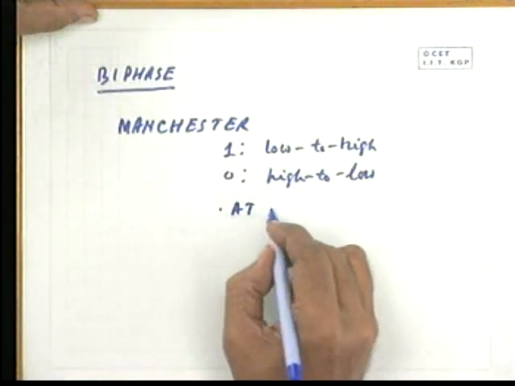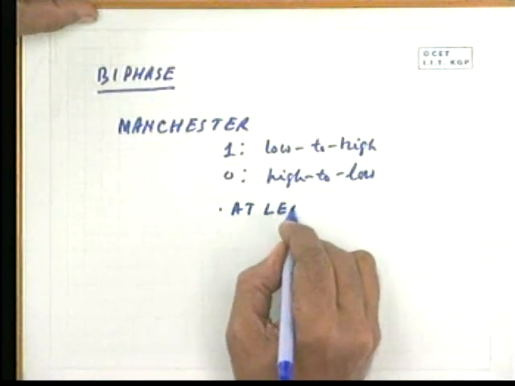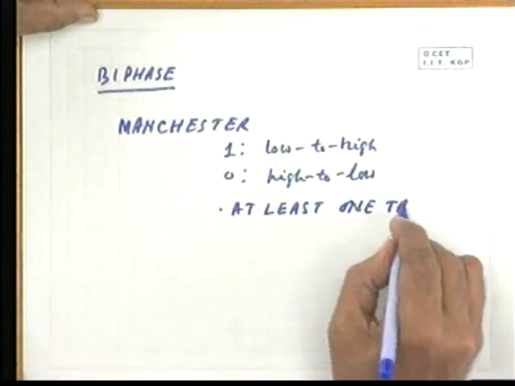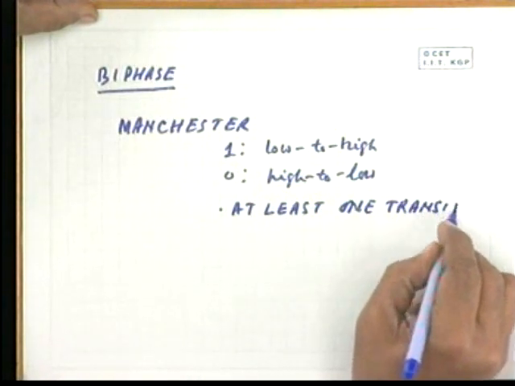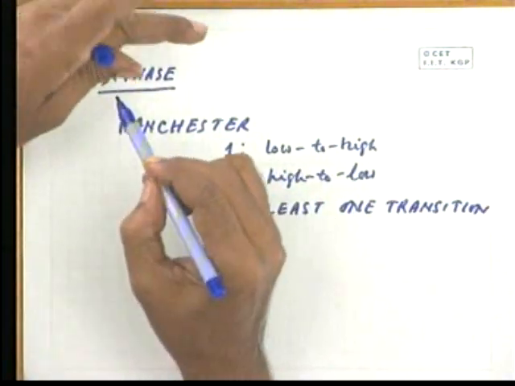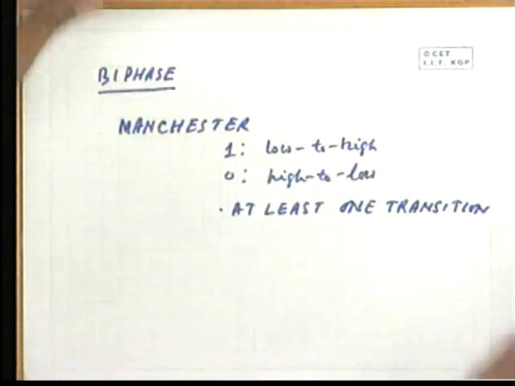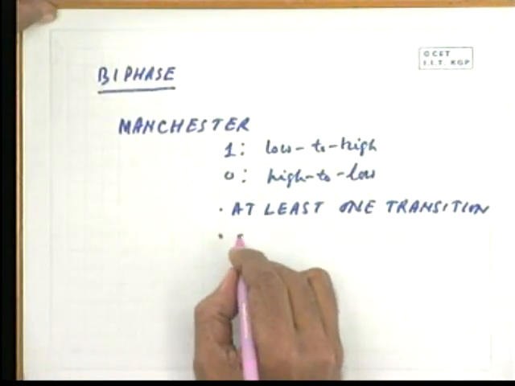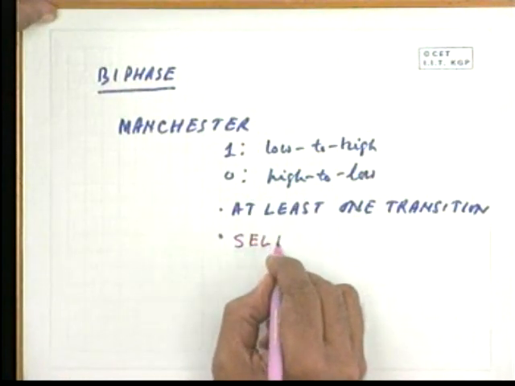What is the implication of this? The implication is at least one transition per bit duration, and because of that it is self synchronizing.